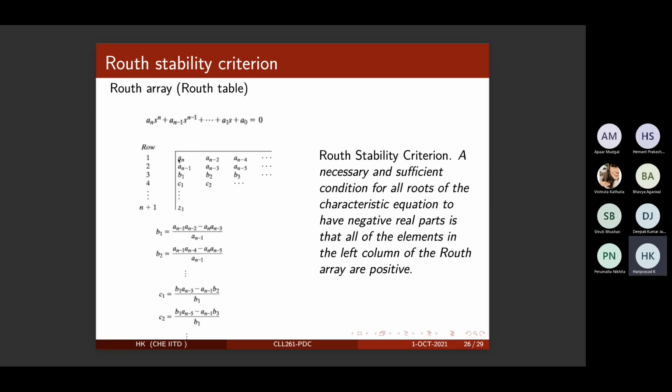If all of this left hand side column is positive, then your test is successful, which means that all the necessary and sufficient conditions for negative roots are satisfied when this left hand side becomes positive.